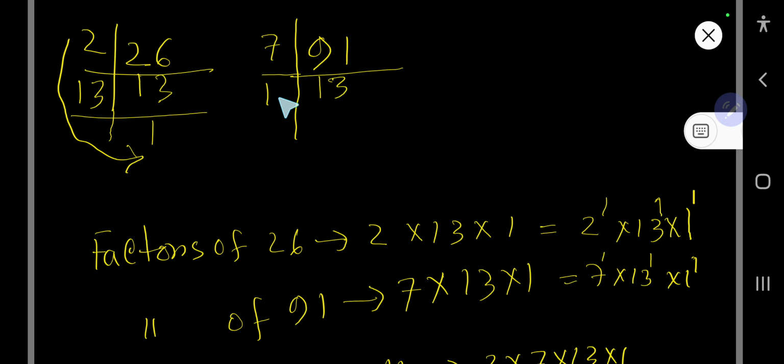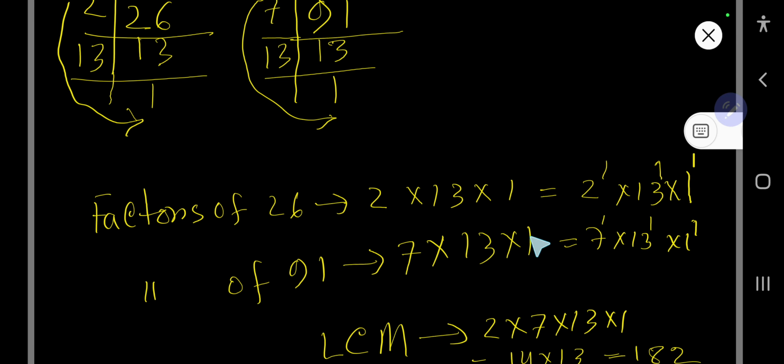So this 13 is also divisible by 13, so you will get 1. So the factors of 91 will be 7 times 13 times 1. So we can write here 7 is once, so you can write the power 1. 13 is once, you can write the power 1, and 1 is once, you can write the power 1.